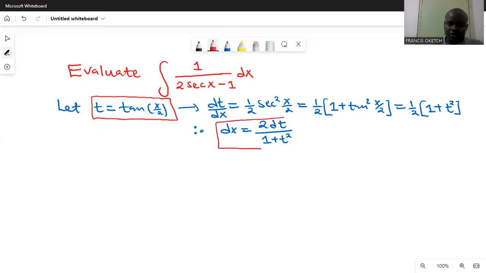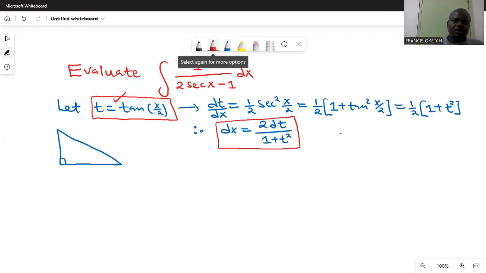We also need to know what is sec x in terms of t. So I'm going to use this substitution for t is equals to tan x over 2 to come up with a right angle triangle of this form. Right angle triangle. Our angle is x over 2.